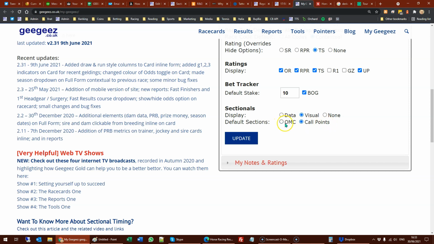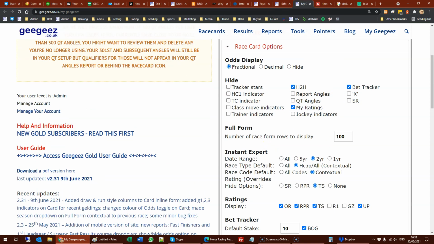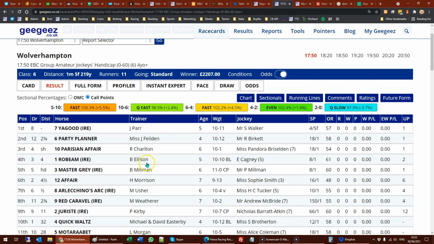And OMC is 3 sections, opening, middle and closing, 3 chunks, and typically as close to thirds as we can get them. So that's what these numbers mean. I'll just quickly update that because I put it on the visual, and then we can look at how we can work out some bespoke sectional finishing speed upgrades.